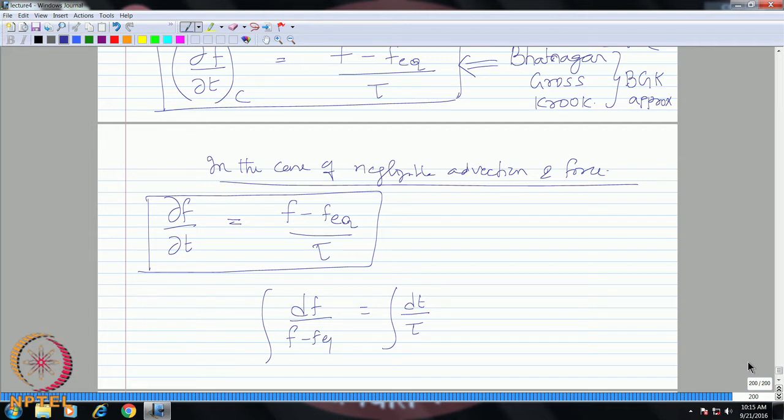You can assume right now that tau is a constant. This has the units of time, but it is different from the actual physical time here.